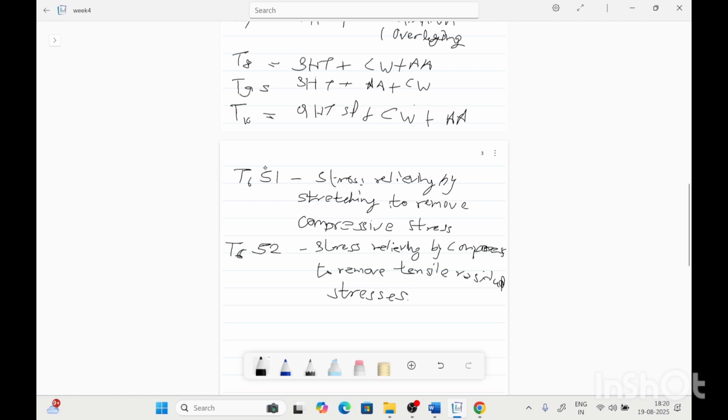So T651 represents stress relieving by stretching to remove compressive stress, and T652 is stress relieving by compression to remove the tensile residual stresses.